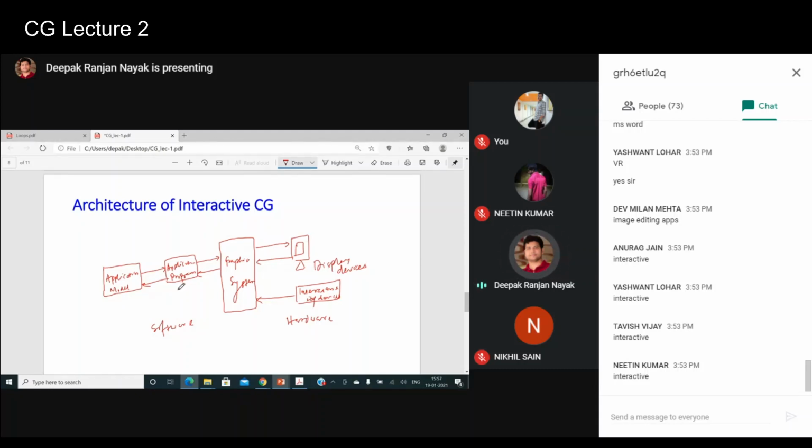The application model represents the data or the object which is to be pictured on the screen. And the graphics system contains a series of graphics commands that specify what is to be viewed, where it is to be viewed, and how it is to be viewed on the screen.